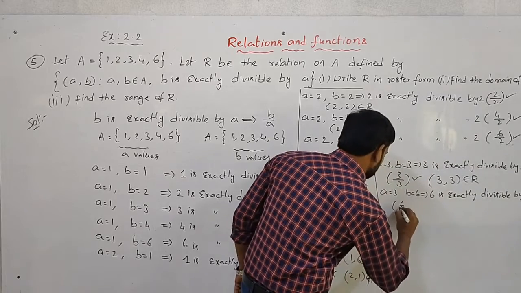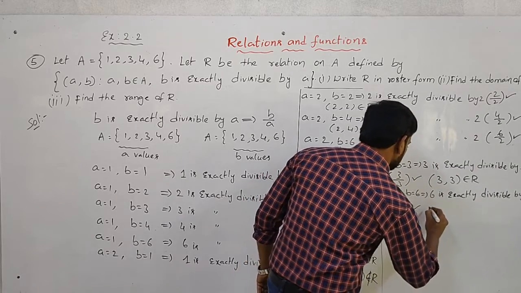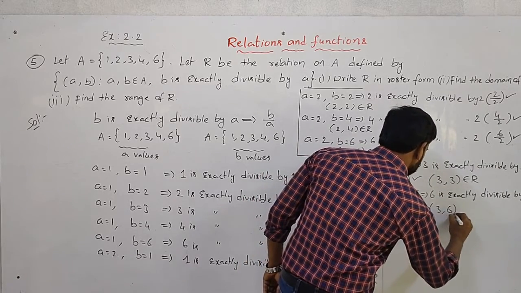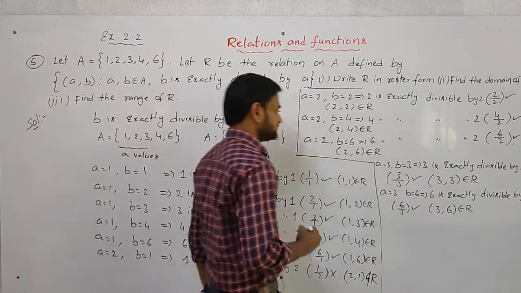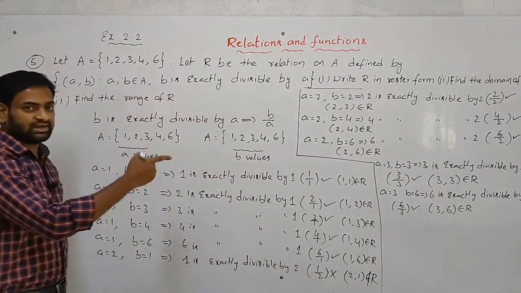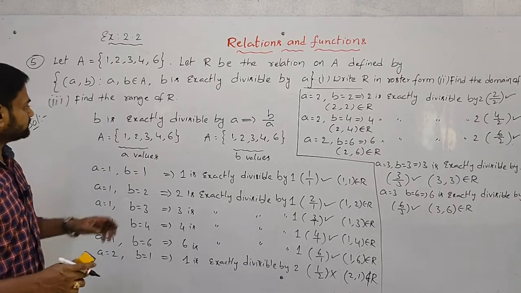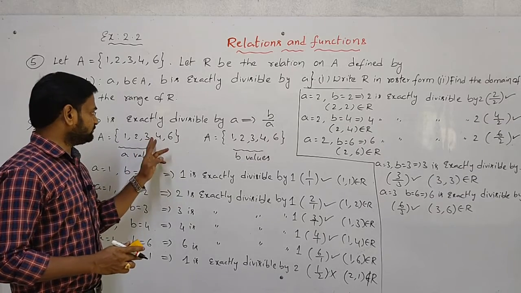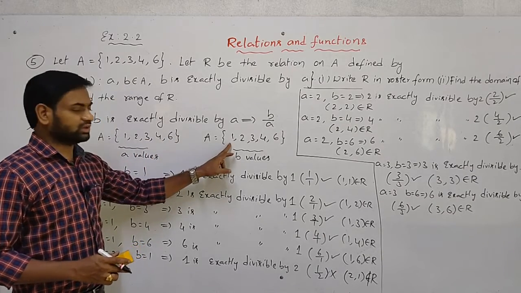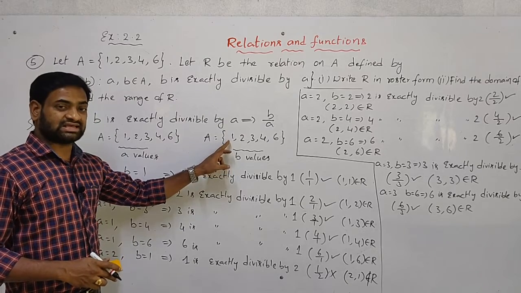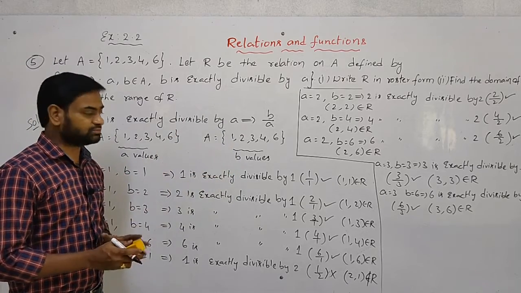That is 6 by 3. Yes, correct. When it is correct, 3, 6 belongs to the relation. Here always relation. Next, with 3 complete, with 4. 4, 1. 1 is exactly divisible by 4. Not possible.